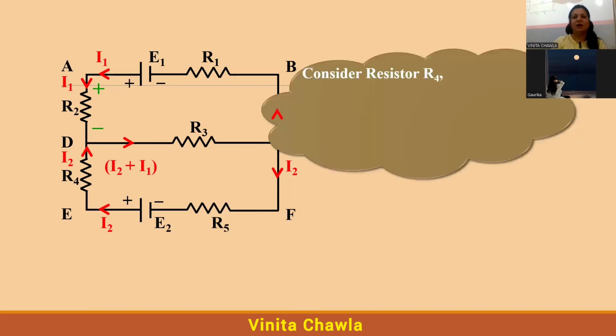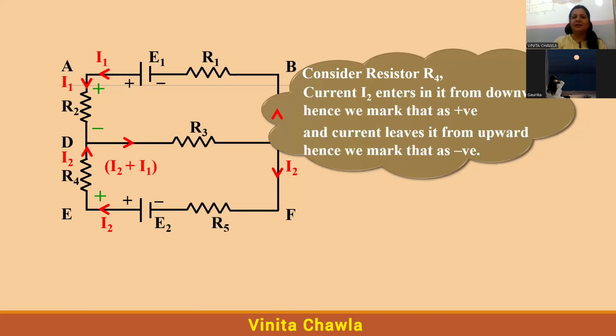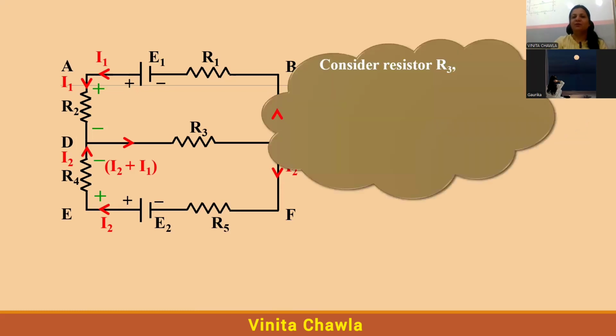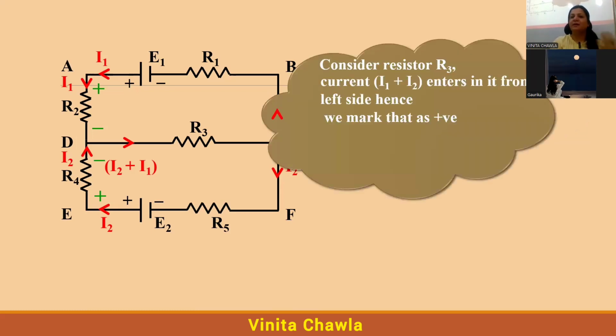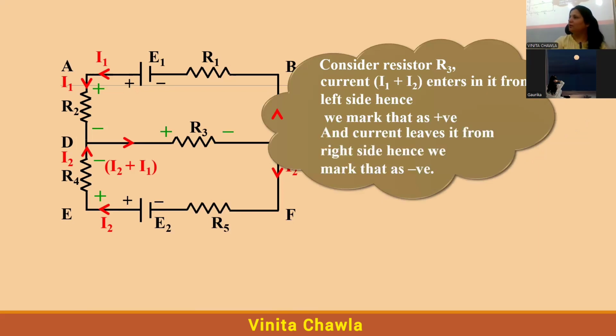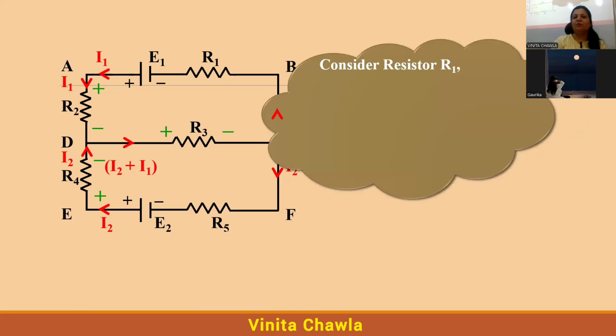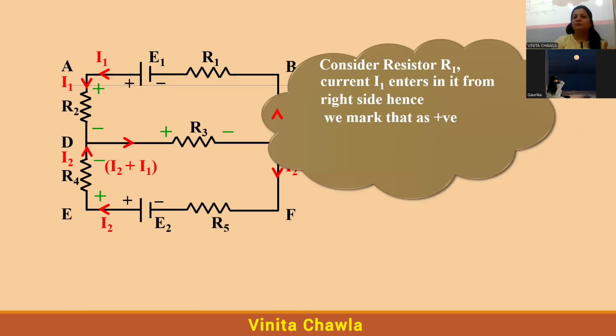For resistor R4, the downward side is positive and the upward side is negative. Okay. Similarly, we can mark for R3. In R3, left side is positive and right side is negative. And for R1, current is entering from the right side.